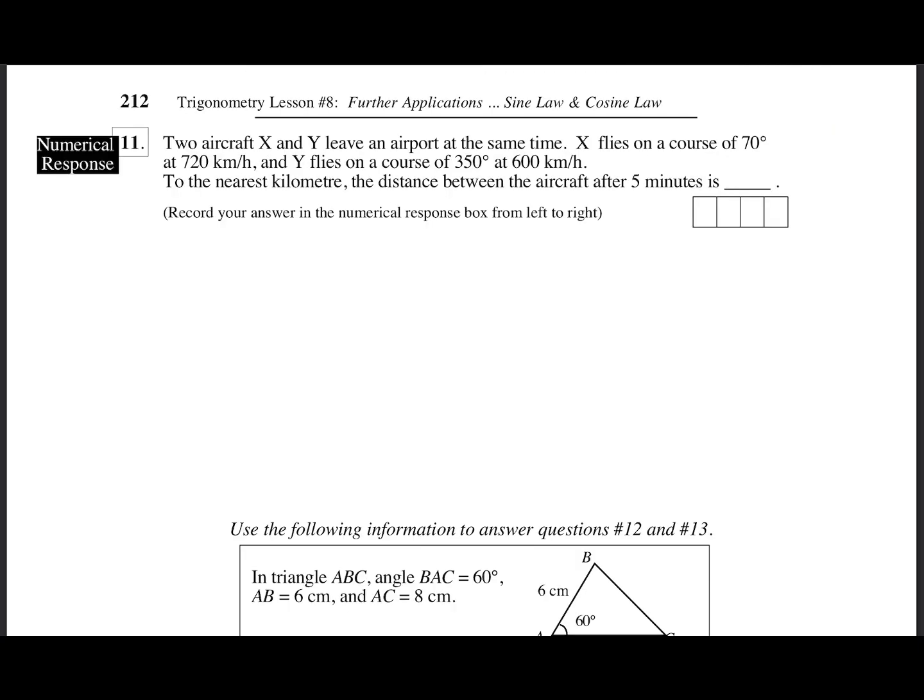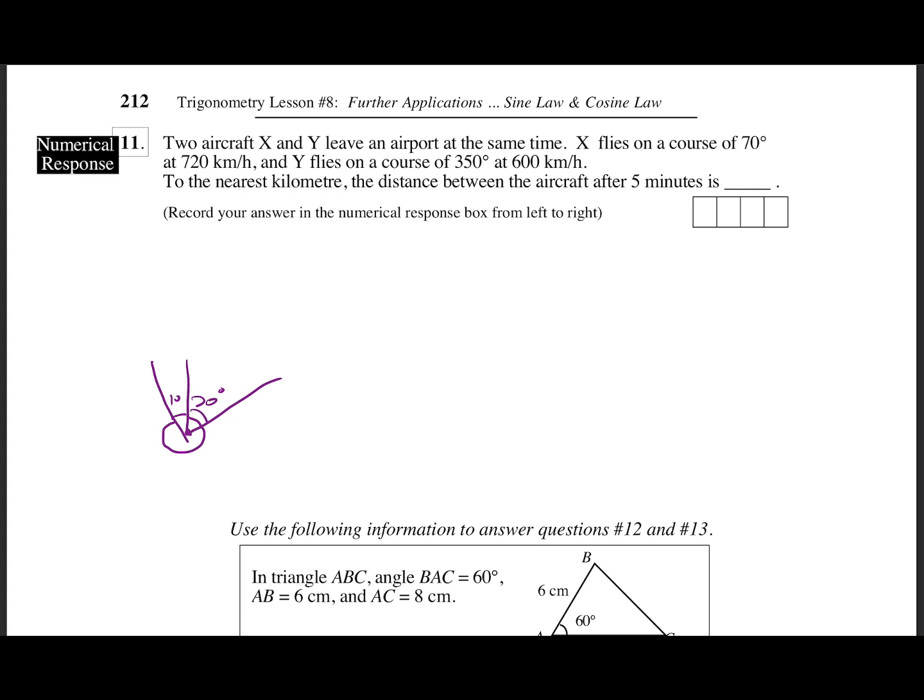Two aircraft, X and Y, leave the airport. X flies on a course of 70 degrees, so it's kind of like here, at speed 700. The other one is on a course of 350, so it's kind of like here, and this is 10 degrees.